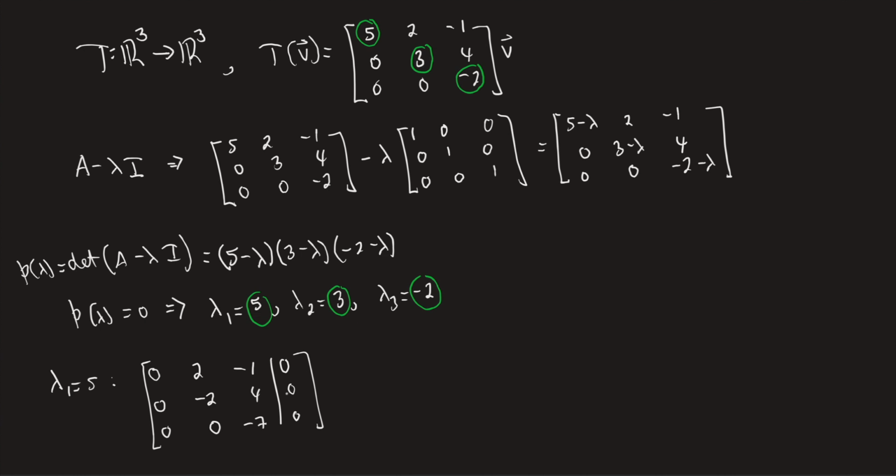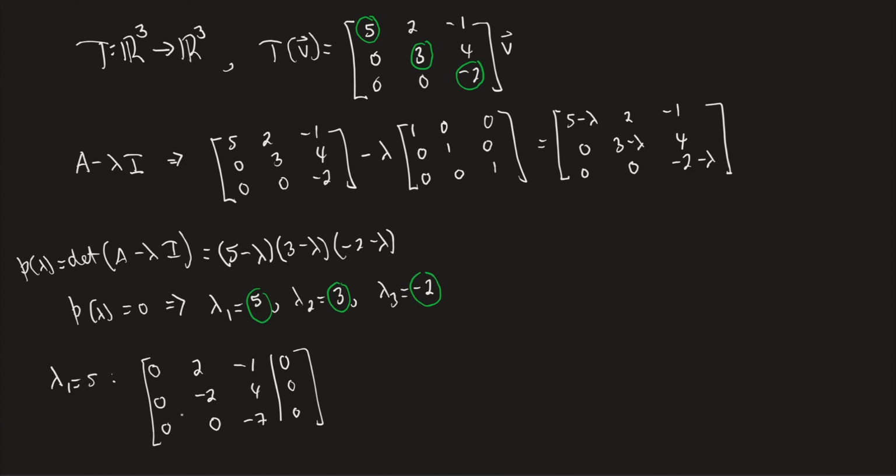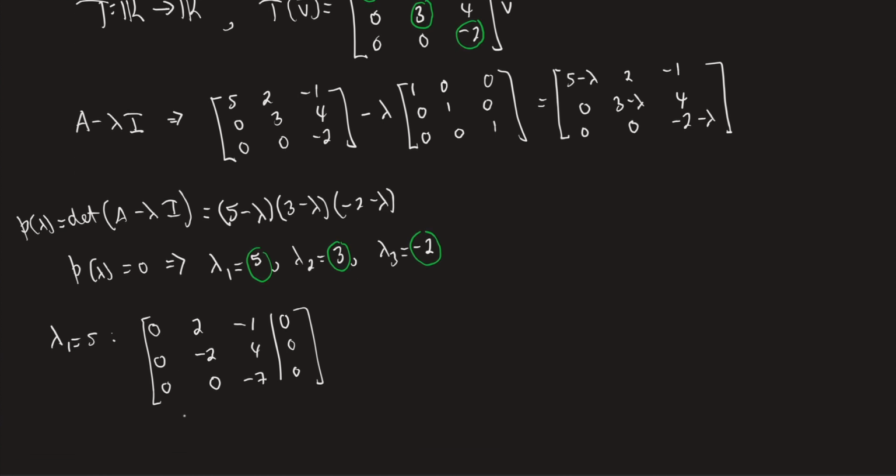That's kind of interesting, because we haven't seen this a lot: in our first column, there is no pivot. We have pivots in the other two columns, but we don't have any pivot in the first column. So what does that mean? It means that our x1 is our free variable.